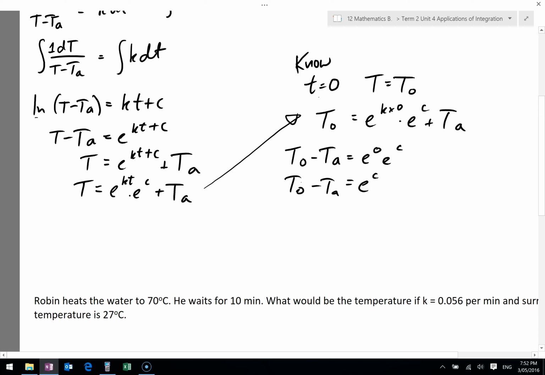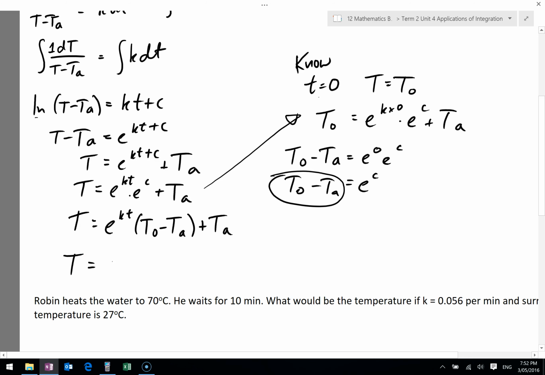So I can now replace this e to the power c with that value. So e to the power kt times (T0 minus TA) plus TA. And just to make it look pretty, I'll put the T0 minus TA in front.